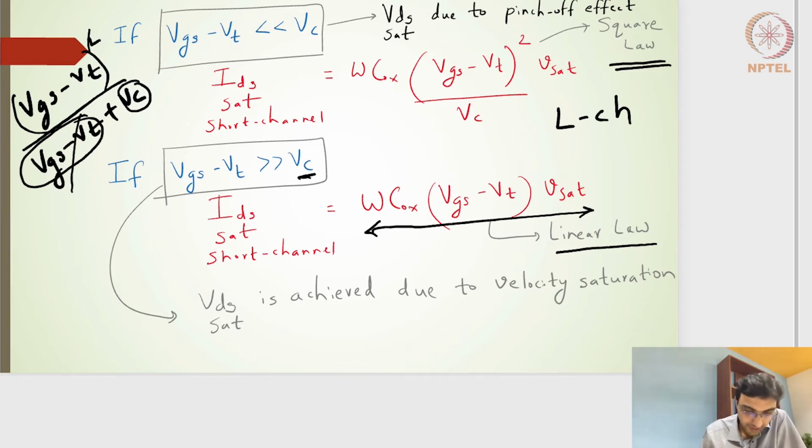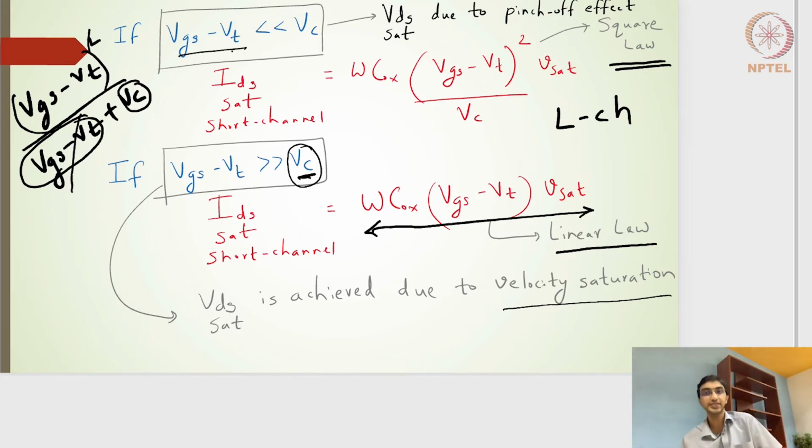So if VC is very, very small, then the saturation current is determined by the velocity saturation region. If it is the other case, VGS minus VT, then the current is determined by VGS minus VT and not the velocity saturation.